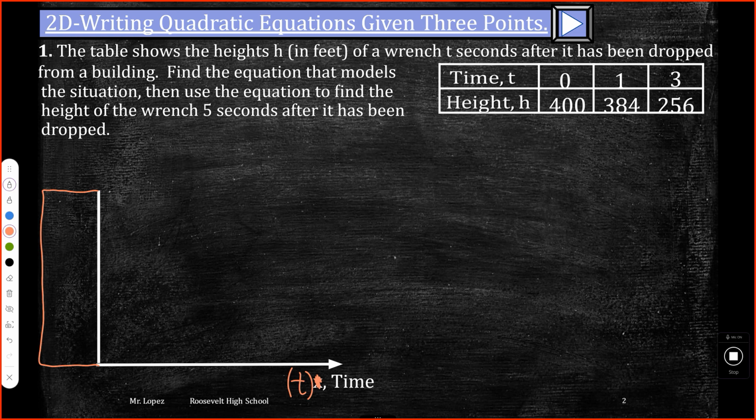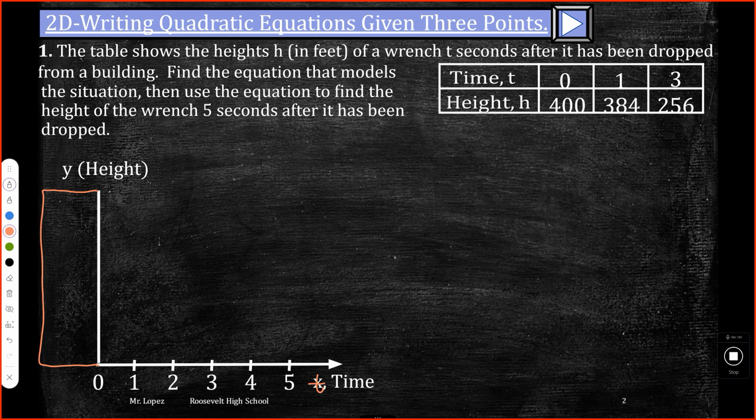The y is going to be the height. The height of the building is 400 feet.